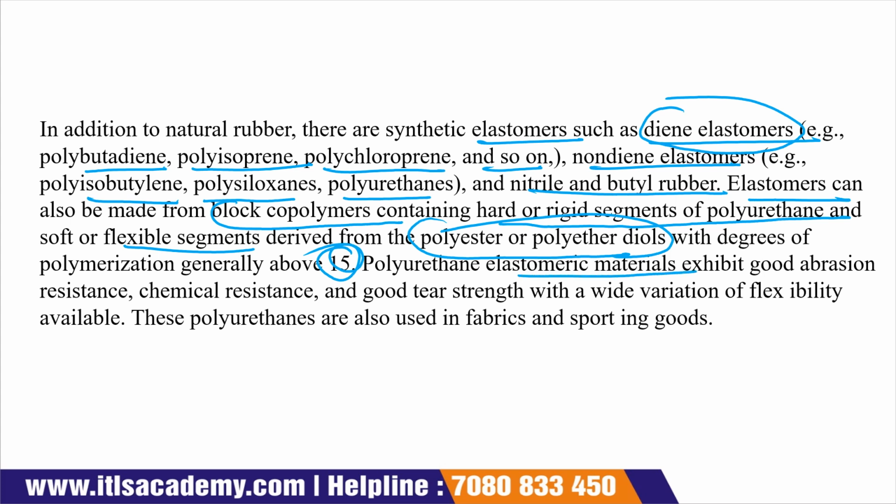Polyurethane elastomeric materials exhibit good abrasion resistance, chemical resistance, and good tear strength with a wide variation of flexibility available. These polyurethanes are also used in fabrics and sporting goods. See, this type of polyurethane is used in fabrics and even the goods which are used in sports.